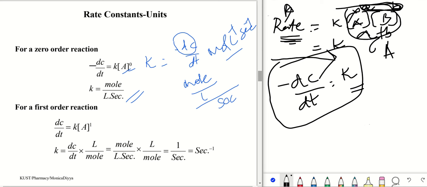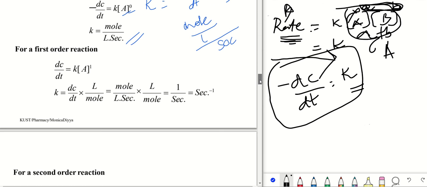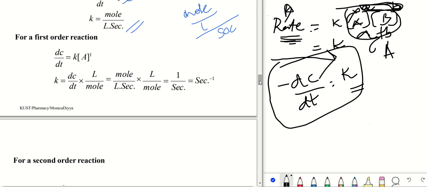Instead, we will be given a value along with units, and asked whether the reaction follows zero order, first order, or second order. So if we know the units, we can easily answer such questions, especially in competitive examinations.